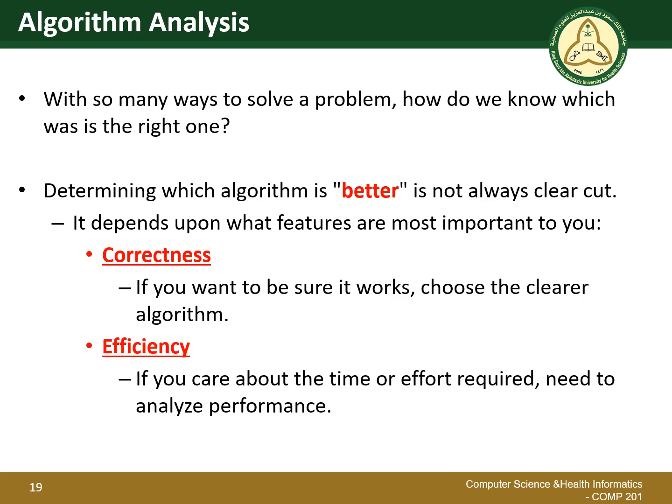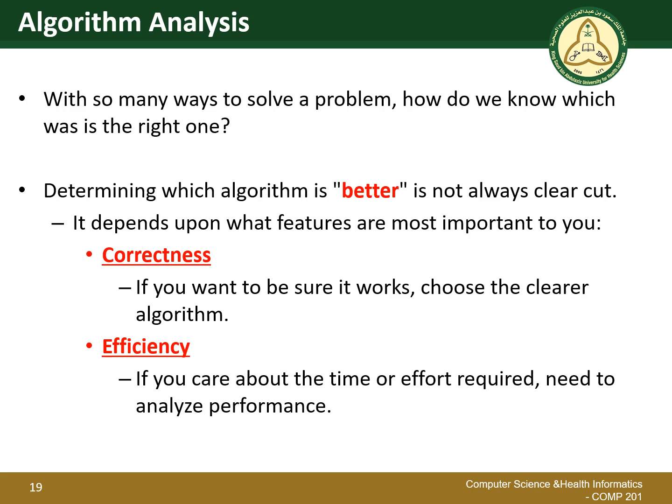What do we mean by them? Correctness is to make sure the algorithm works inside the application and the algorithm is clear to the application. Usually this can be checked through testing, checking the result and so on.